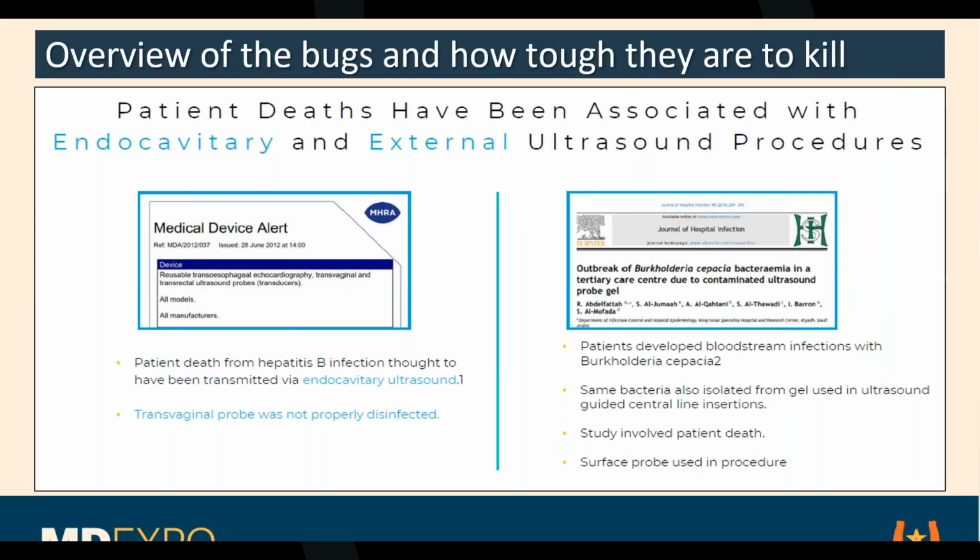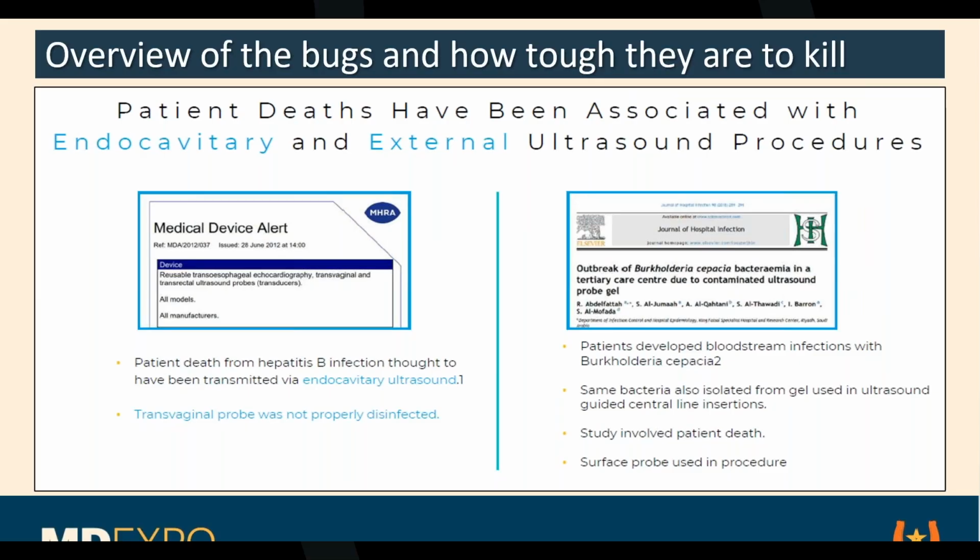I just printed out one page off the FDA website of MDR reports saying here are things you have to look out for. Here's an incident that occurred at our hospital. A patient died, or had some sort of adverse event, and it ties into the automated probe testing and cleaning devices as well.